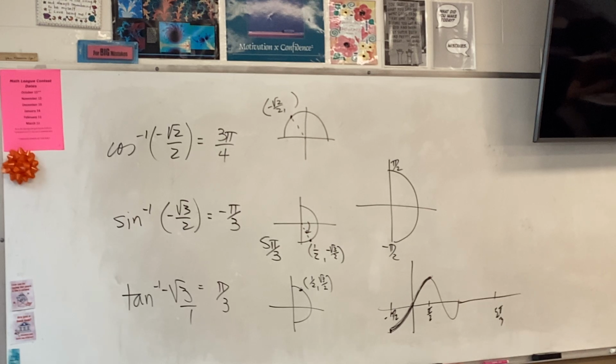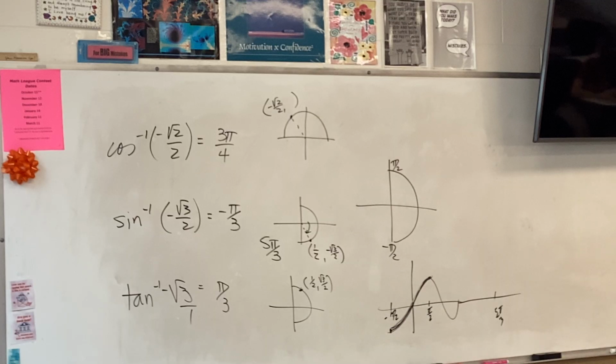Doesn't that have to be on the top half of the circle? So the only 2 points possible would be P and Q. What are the coordinates of point Q? Negative x, y. This says positive x.